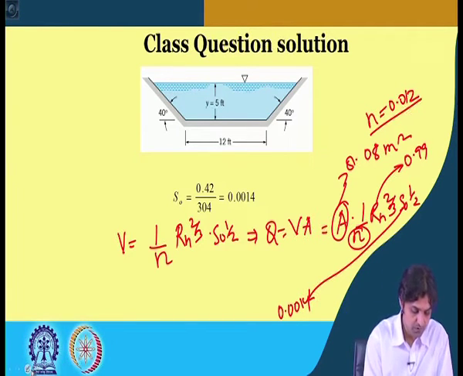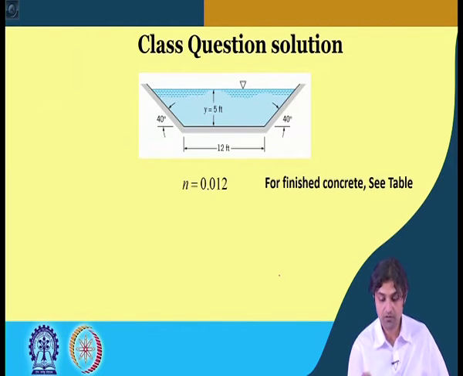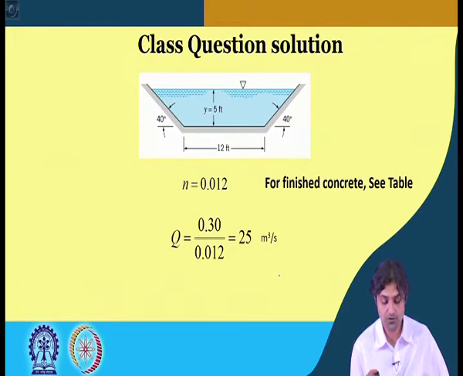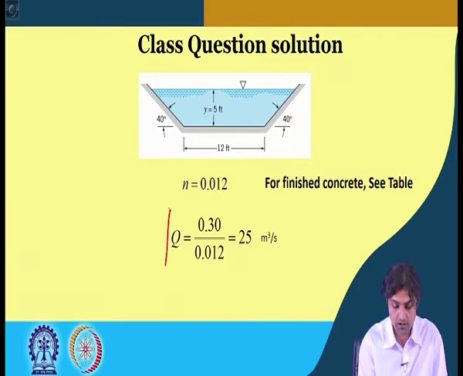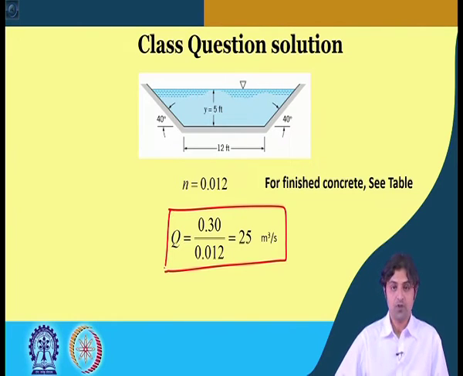If we substitute these values, we get 0.30 by N. Now, N for finished concrete is 0.012, so the Q comes out to be 25 meter cubes per second approximately. So, we have used the Manning's equation and calculated area, perimeter, and the discharge Q for this channel for a uniform flow condition.